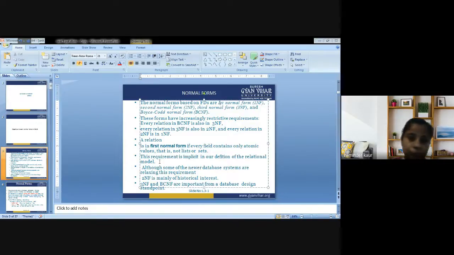Because every normal form presents various rules. If I am using first normal form, then there are certain rules in second normal form that build on the first normal form, and the same is the case with third normal form and BCNF, which is also called fourth normal form. So we are supposed to consider the same.